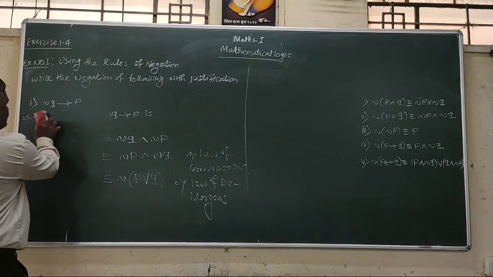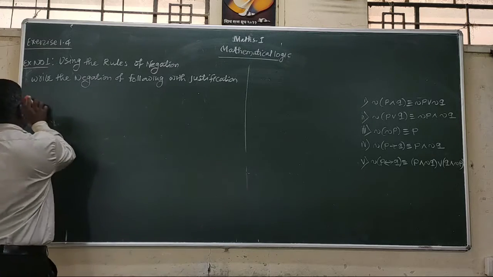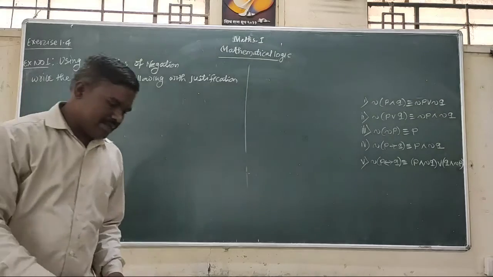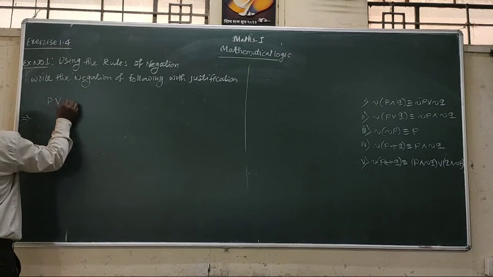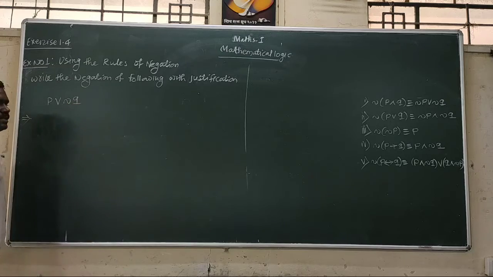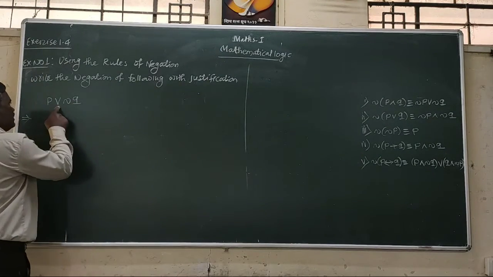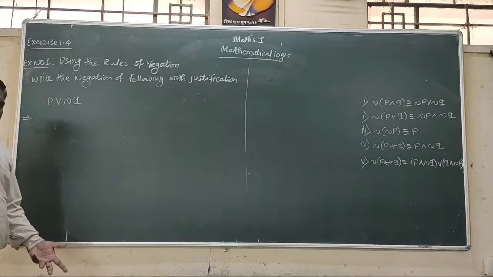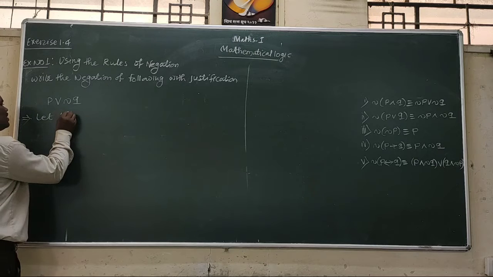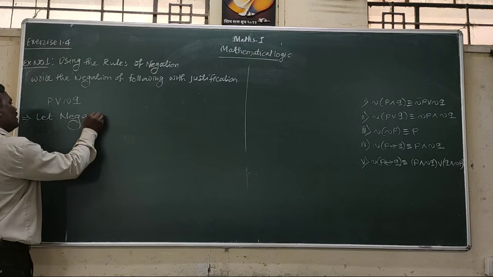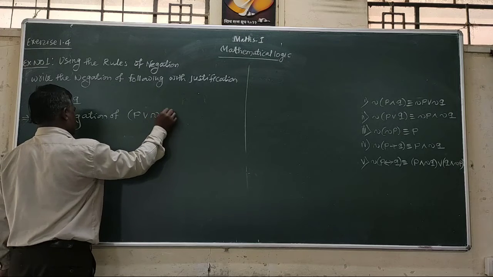Second example, that is p disjunction negation of q. Write its negation. Therefore the solution is: for p disjunction negation q, what do we write? We write negation. It is very easy. Therefore let negation of in bracket p disjunction negation of q.